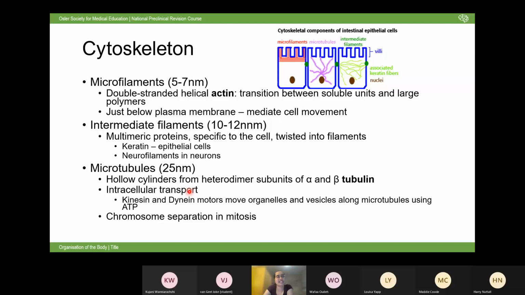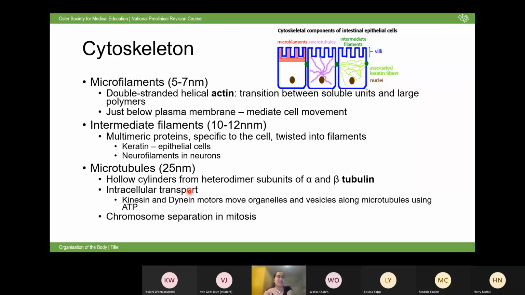And now in terms of the cytoskeleton, you don't need to know huge amounts of detail for this, but essentially it's good to know the different sizes, at least in terms of the order. So microfilaments being the smallest, intermediate filaments surprisingly being intermediate between them, and microtubules being the largest. And you should also know what each of the three are made out of.